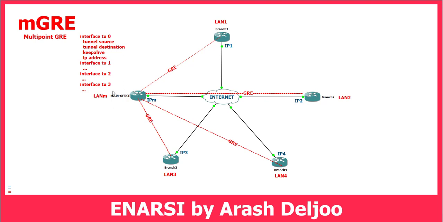Also, don't forget, in the future you will learn that we can secure the GRE tunnels with IPsec. What does it mean? For each of these tunnels, we are enabling IPsec, or IP security, for security features like encryption, authentication, integrity check, and preventing anti-replay attacks.